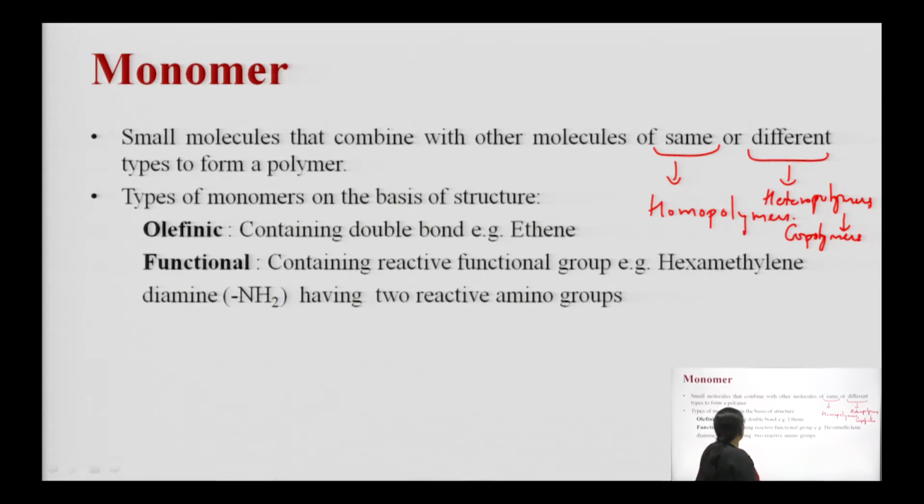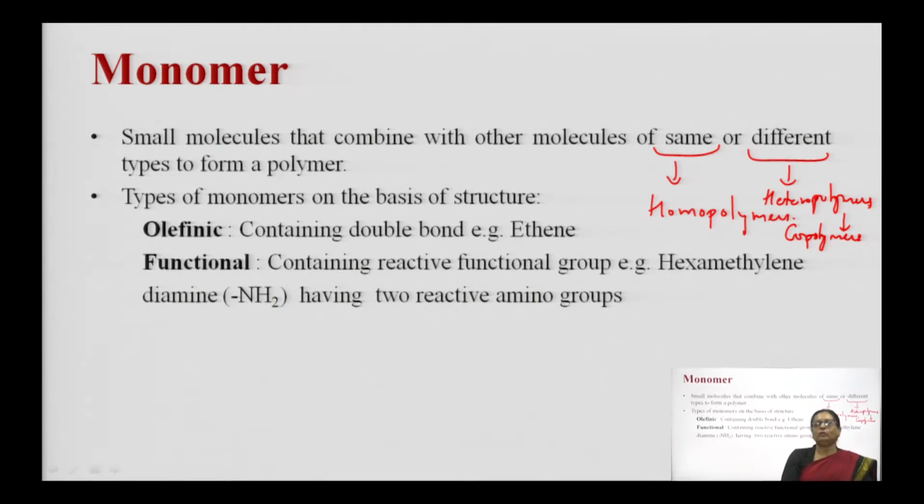Then the monomers may be of two types: olefinic or functional monomers. What is the difference between these? Olefinic monomers have unsaturation in them, double or triple bonds, such that when two monomer units combine, these double or triple bonds break and form linkages with the other monomer unit.